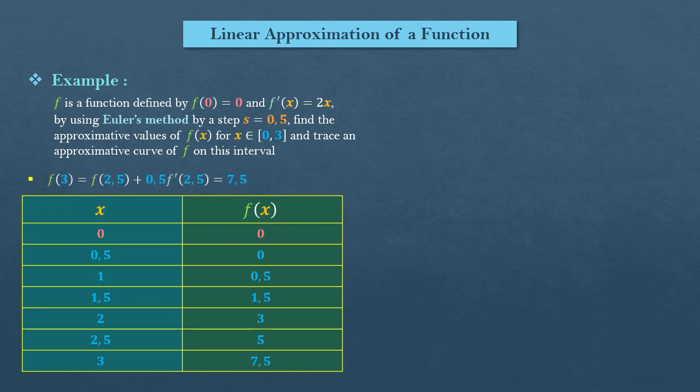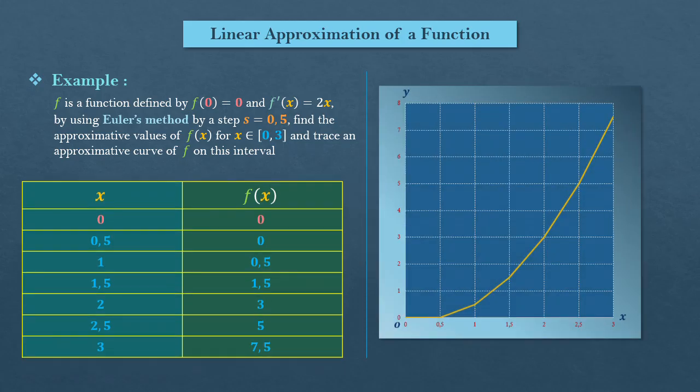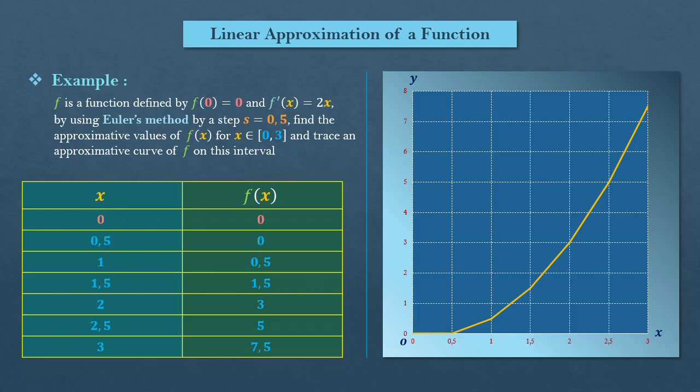And finally, as f of 3 equals f of 2.5 plus 0.5 times f prime of 2.5, we find that the image of the abscissa 3 by the function f equals 7.5. And if we mark the points that have these values of the abscissas x and their matching images by the function f as coordinates and link them by line segments, we get the appearing approximate graphical representation of our function f.